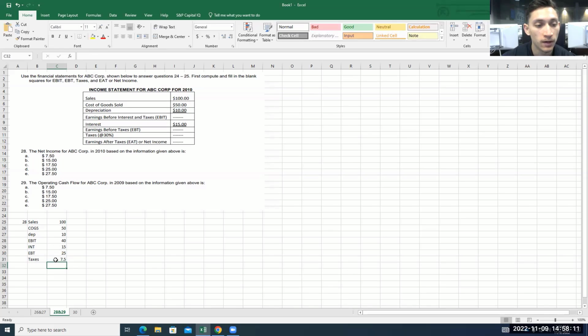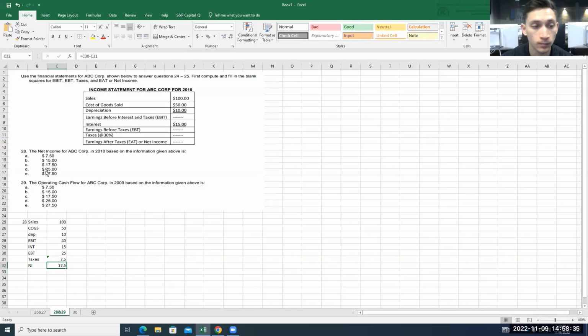It's going to give us 7.5 in taxes. So then if we take our 25 earnings before taxes, subtract our taxes of 7.5, that will give us our earnings after taxes or net income. Minus taxes. Our net income is going to be 17.5.